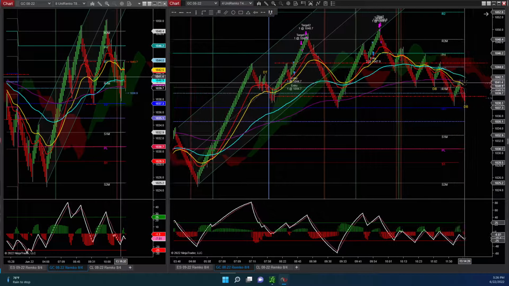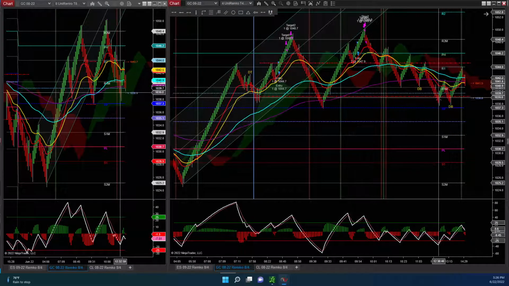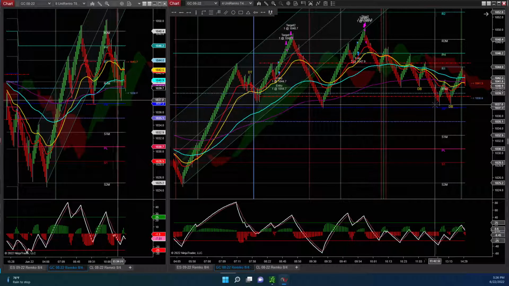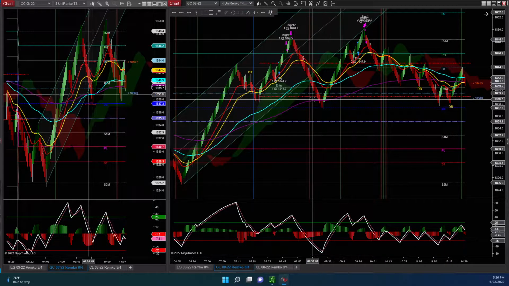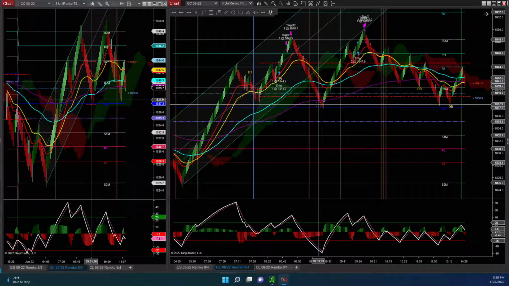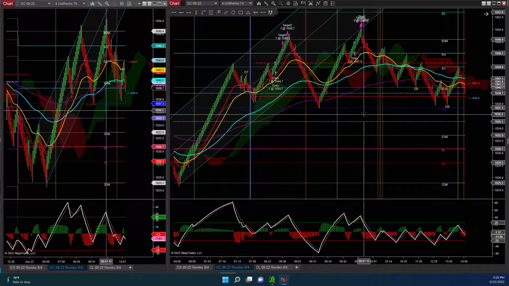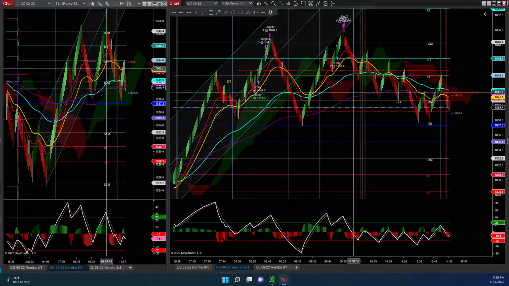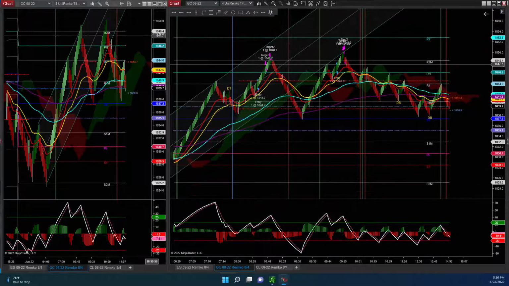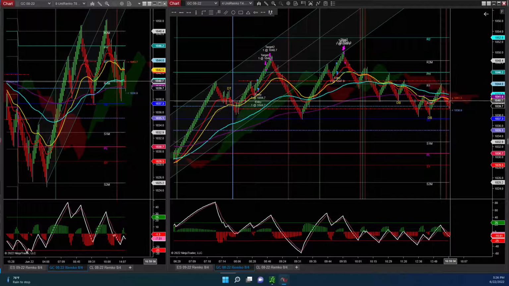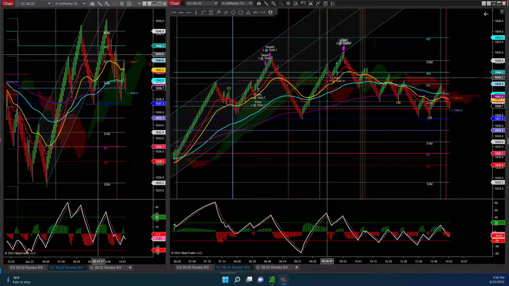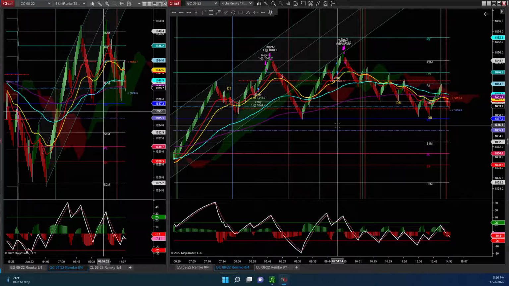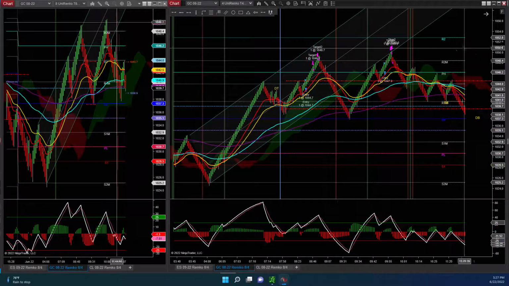There were a couple of attempts to break here, creating a double bottom, but there was this weak pivot right here that was significant also, so it didn't break, and most of the day in the afternoon it was kind of consolidating until the close. So those were the two trades, one here and one there, $810 there.